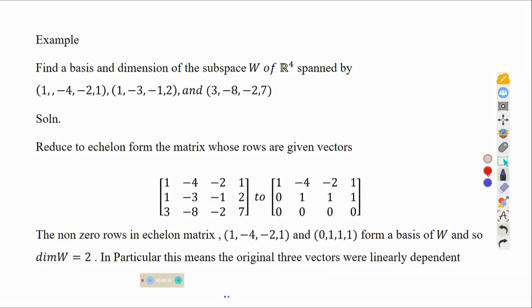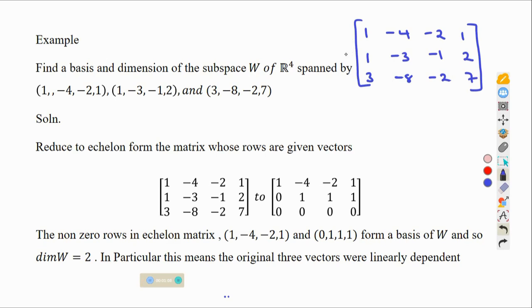So what we shall do is form our matrix with rows 1, -4, -2, 1. Make sure you arrange them in row form. Then 1, -3, -1, 2, then 3, -8, -2, 7.